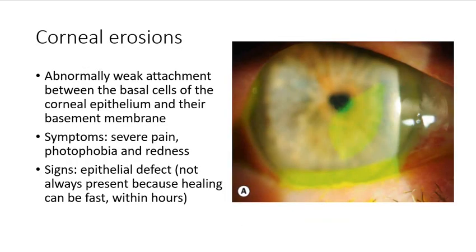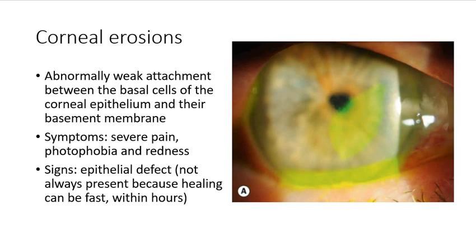The next corneal problem I'll discuss is corneal erosions, and recurrent corneal epithelial erosion is caused by an abnormally weak attachment between the basal cells of the corneal epithelium and their basement membrane.